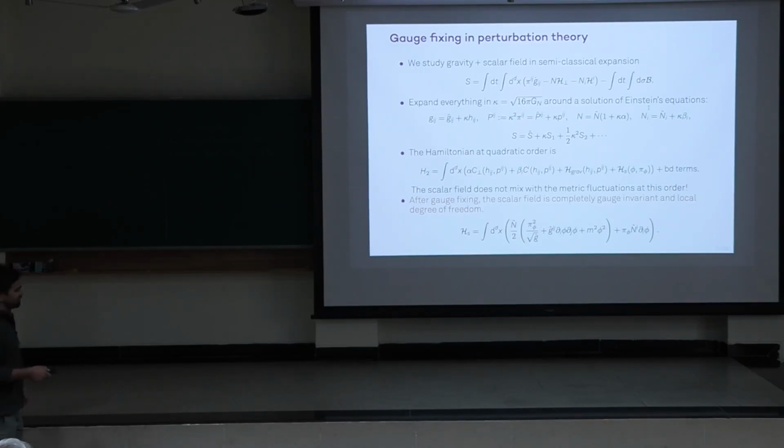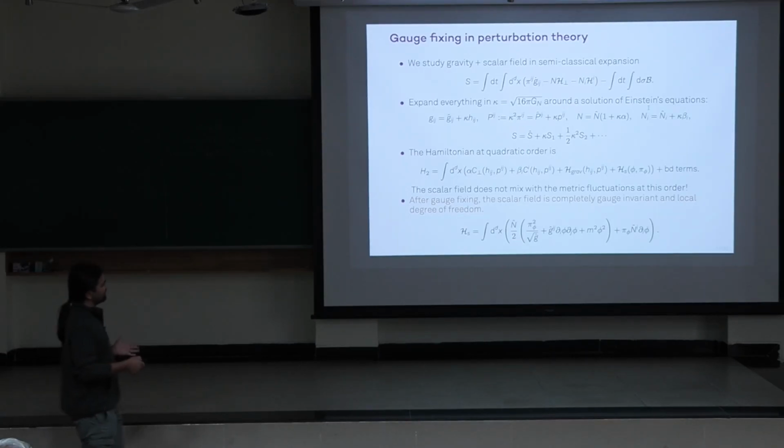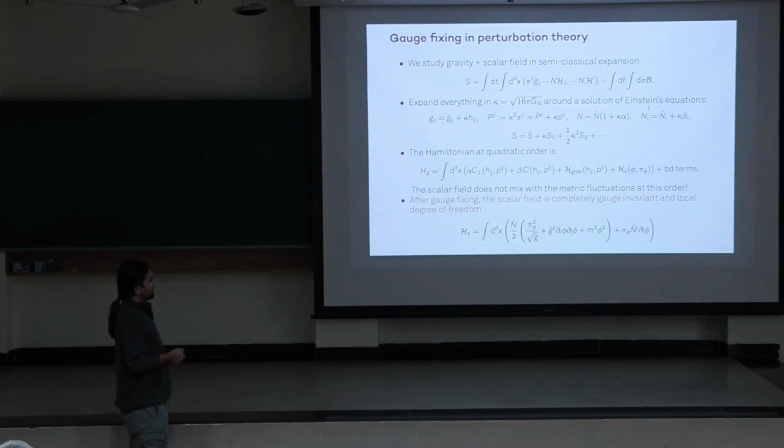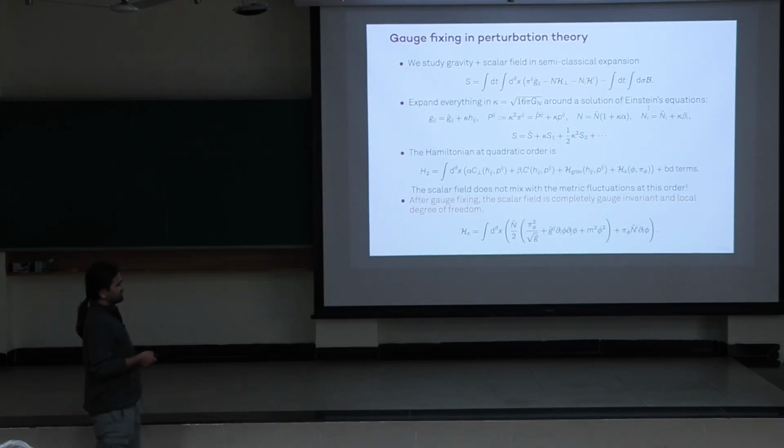S hat will not involve the scalar field, it will only be background. S1 will vanish because you're expanding around a solution of the Einstein equations. From S2, the quadratic piece, you can read off the Hamiltonian at this order. This is the form of the expression you get for the Hamiltonian.